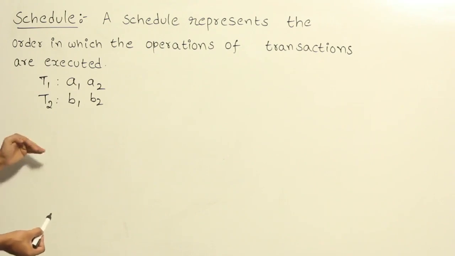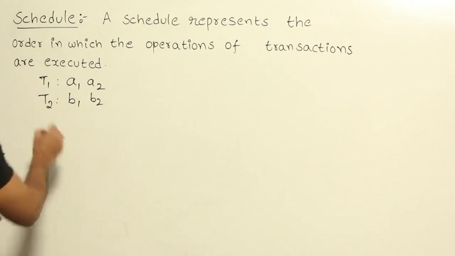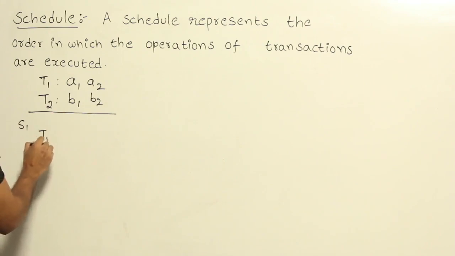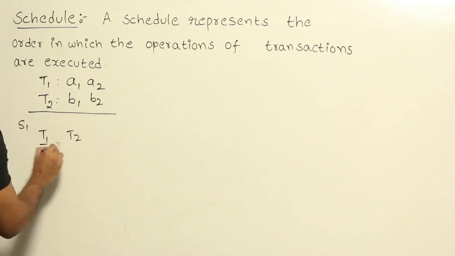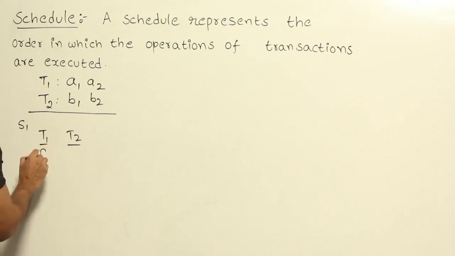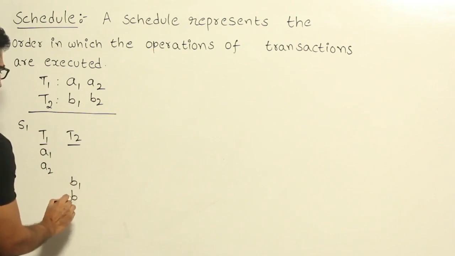Now the various ways I can execute these four operations form schedules, right? There can be one schedule of this type: I can execute T1 completely first and then T2, so A1, A2 and then B1, B2.